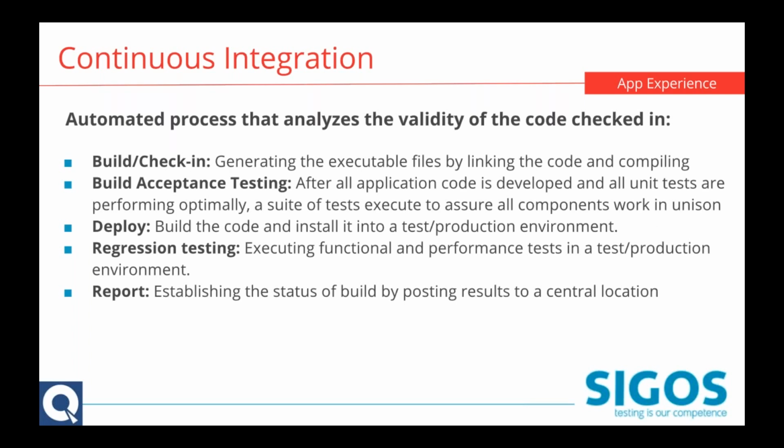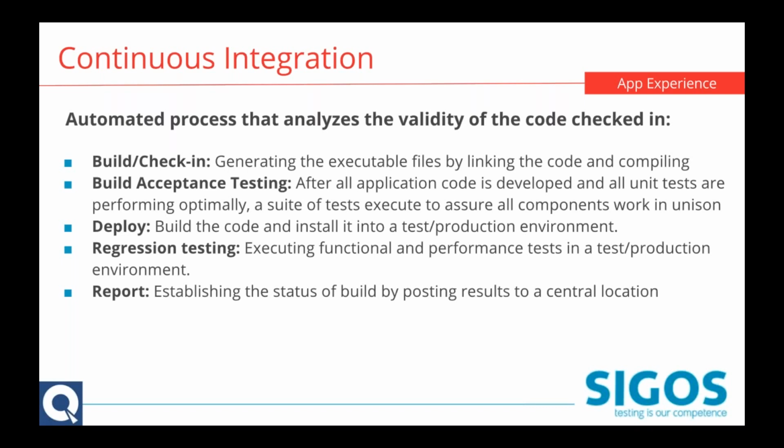So the process, like we were saying, when code gets checked in, we could start linking and compiling your application code. Once all of that code is linked and compiled, we can kick off some build acceptance tests, which is going to make sure that all of these individual pieces of the software are working in unison.